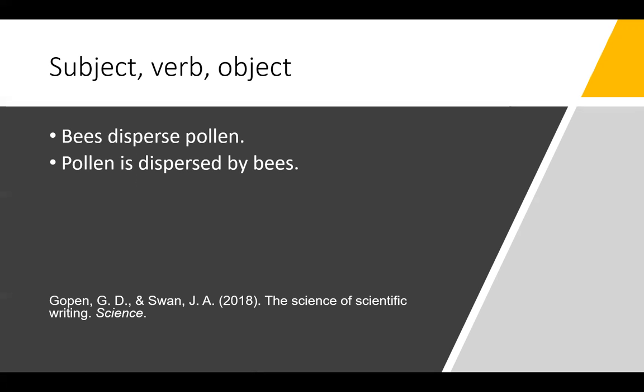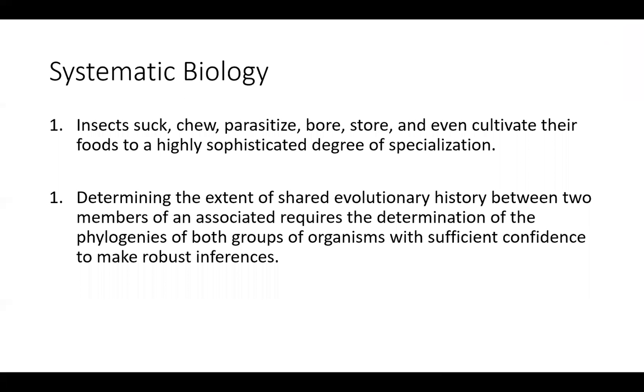As you're looking, pollen is dispersed by bees, all of a sudden, your object, pollen, becomes what you're talking about. It becomes the subject. And that's not at all what was intended to happen. And so if we can stick to the subject, verb, object kind of structure as much as possible, we get the same message, but it is much more clear.